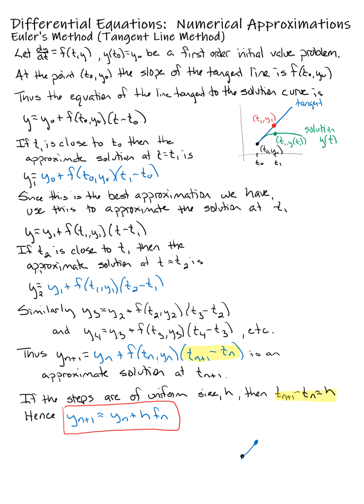From there, evaluate my differential equation again. Remember that differential equation is given, that's my slope. So figure out what's the slope of the tangent line there, get another approximation, start again with another approximation here. So basically continue using that tangent line slope to find my next value, as long as those values are close, and then I would create a smooth curve out of that to get my final solution.